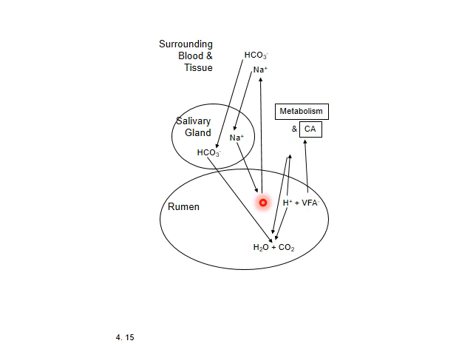We're missing our sodium here. Sodium is going to move in parallel with that negative charge. So if we look at our sodium, it's going to be more or less constant going through. It's going to move from the blood to the salivary gland to the rumen back to the blood. It's going to go more or less in a cycle.